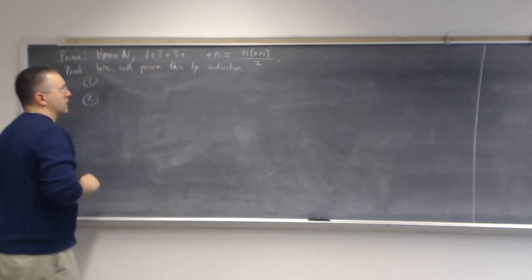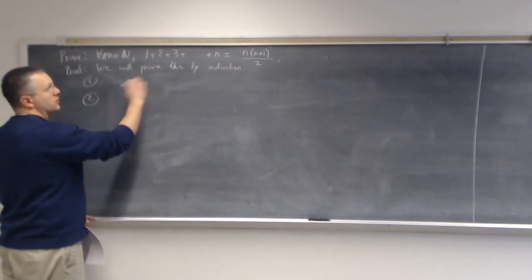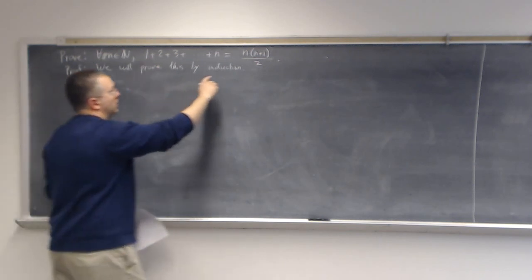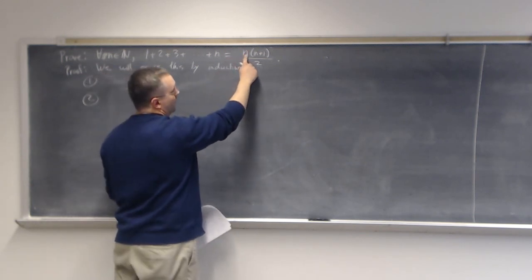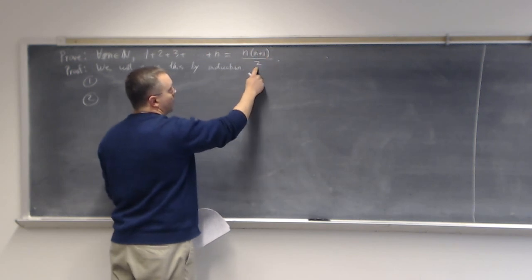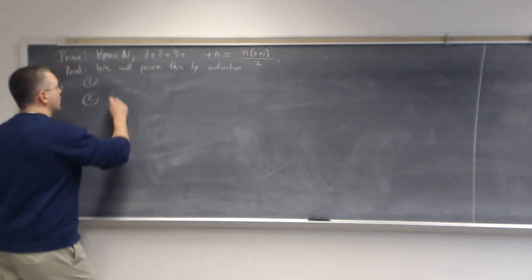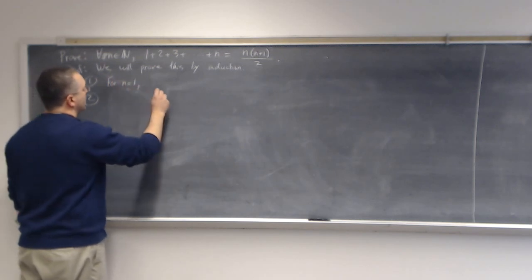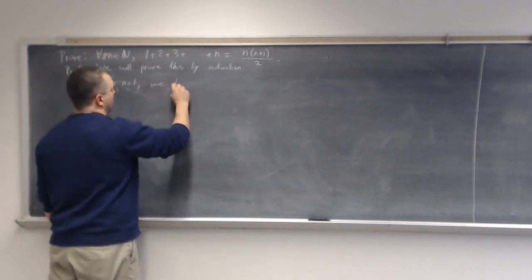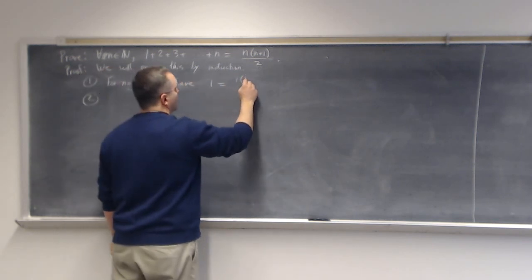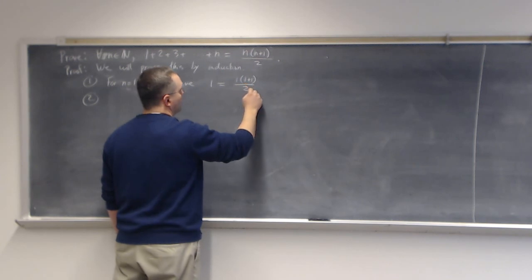All right, basis step. We've got to show this is true when n equals 1. When n equals 1, the left hand side just equals the sum 1. On the right hand side, if I plug in 1 for n, you get 1 times 1 plus 1 divided by 2. So for n equals 1, we have 1 equals 1 times 1 plus 1 over 2.